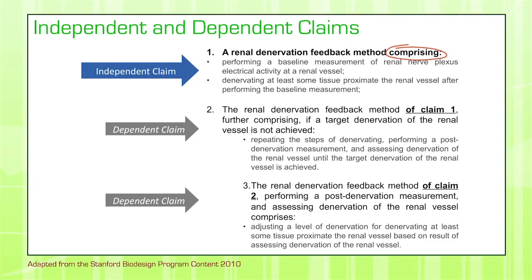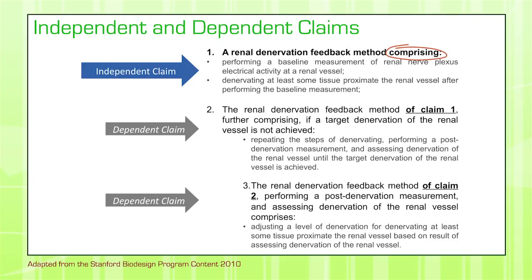All the dependent claims have a very specific way in which they are written. In this case, for example, it says "a renal denervation feedback method," so it repeats the same sentence as before the comprising, but instead of the word comprising, it says "renal denervation feedback method according to claim 1 or 2."